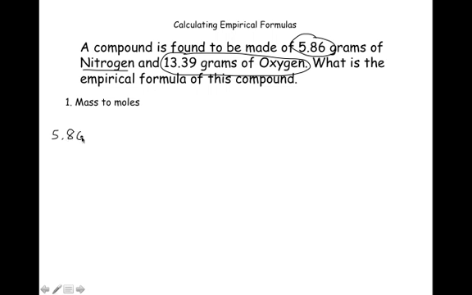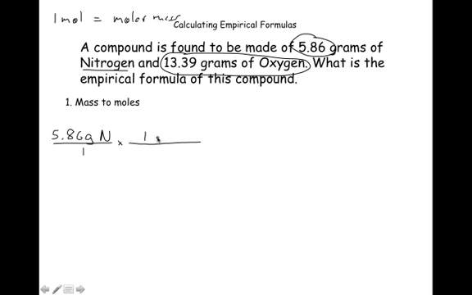So 5.86 grams of nitrogen, stick it over 1 if you want to, times our fraction bar, and we're going to convert the mass into moles. We have mass on top, so we're going to put mass on the bottom, and to convert mass into moles, you're going to use the 1 mole equals the molar mass conversion.